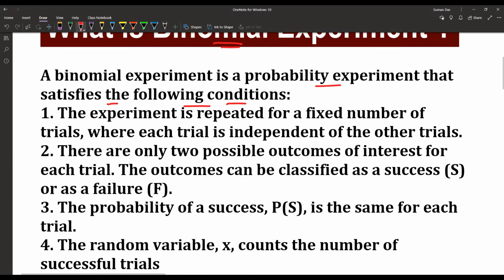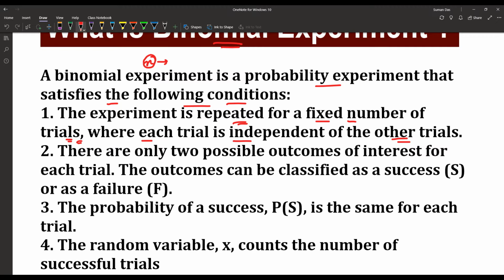Number 1, the experiment is repeated for a fixed number of trials. We have already seen that for the binomial distribution we need a small n number of trials, and each trial is independent of the other trials.